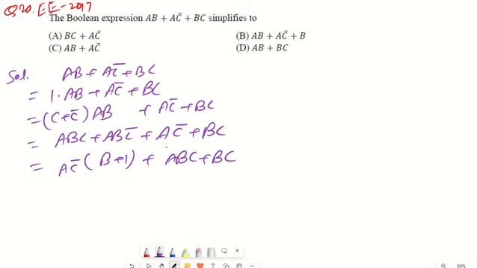Otherwise I will take BC common from the first term and last term, so I am going to get BC into (A plus 1). In that case 1 plus B will become 1, 1 plus A will become 1, so we will be left with AC bar plus BC. As you can see, AC bar plus BC, so A is the correct answer.